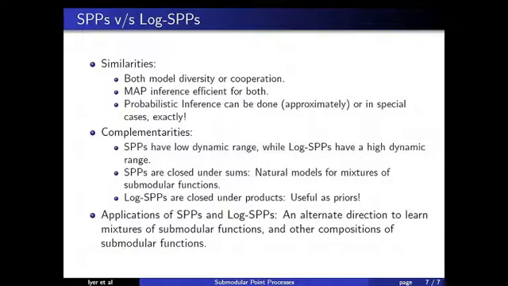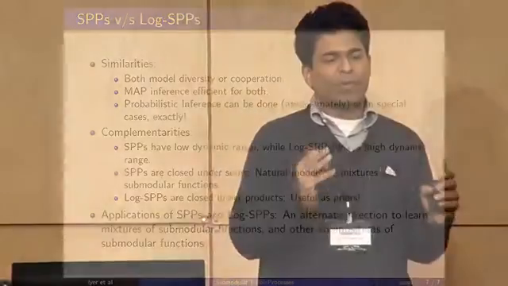And finally, I would like to complement the two. SPPs and log-SPPs both model diversity and cooperation, MAP inference is efficient, and probabilistic inference can be done either approximately or exactly in some special cases. But the complementarities are that SPPs have a low dynamic range, whereas log-SPPs, due to the exponent, have a high dynamic range.